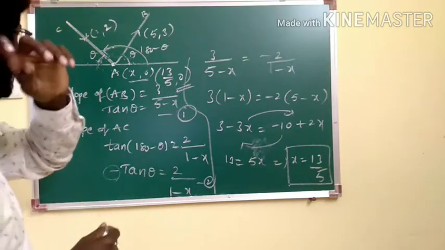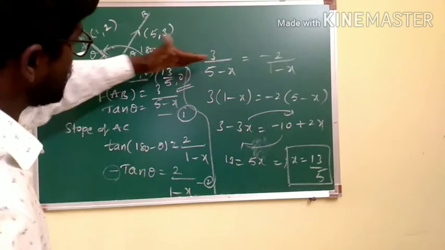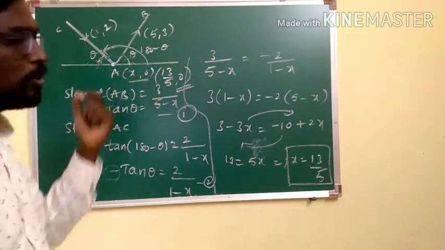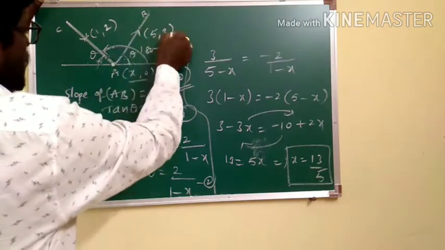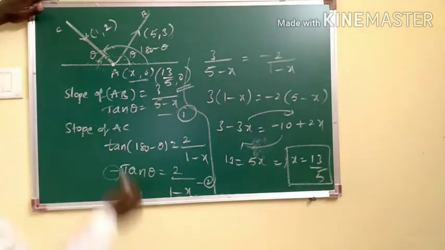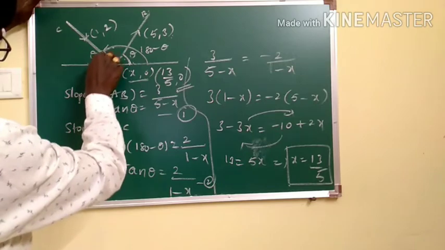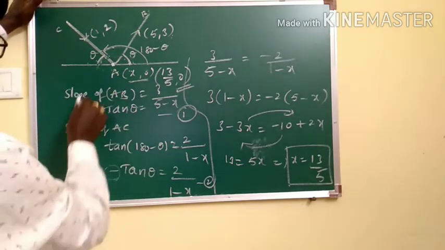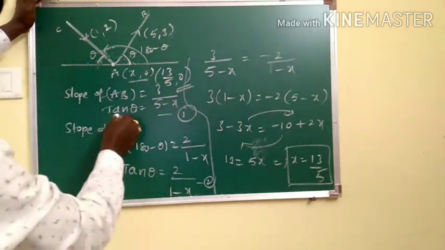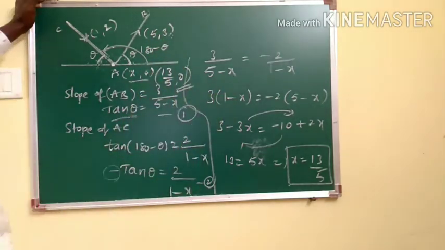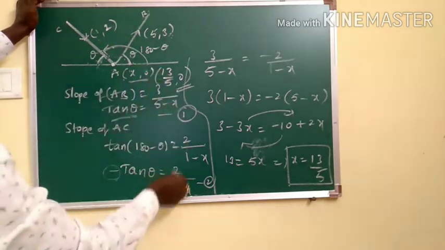First we have taken the ray which is passing through the point 1 comma 2 and gets reflected on the x-axis at a point A. That's the reason we have taken x comma 0. And this reflected ray is passing through 5 comma 3. And it is clear that this angle is equal to this angle. Therefore, slope of AB, means slope of the line passing through 5 comma 3 and x comma 0, that is tan theta is equal to 3 by 5 minus x. Slope of AC, that is passing through 1 comma 2 and x comma 0, is 2 by 1 minus x.